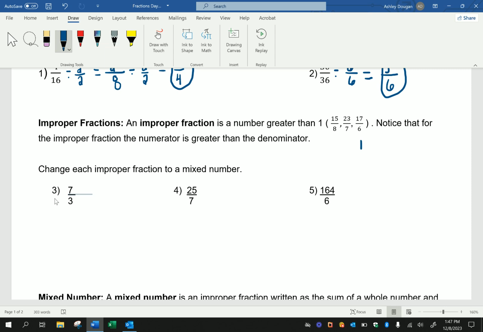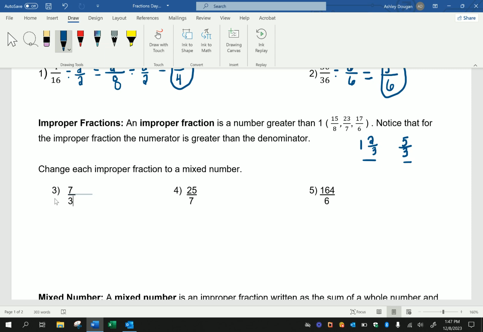For example, you might have 1 2/3, or you might have 5/3, depending on what you're working with. It might make more sense to have an answer in mixed number form than an improper fraction form. And we're going to look at how to go back and forth between mixed number and improper fraction.